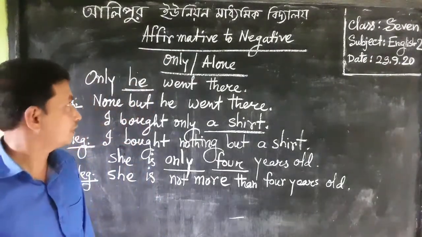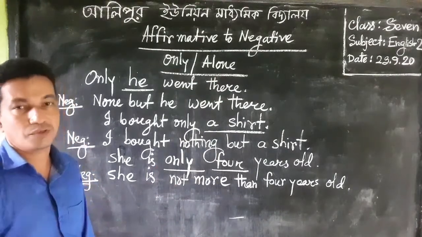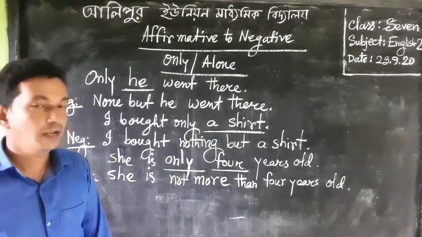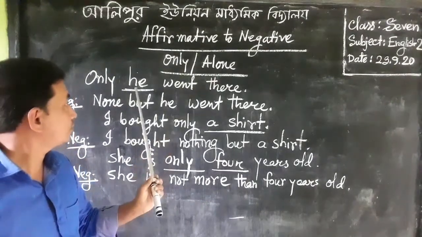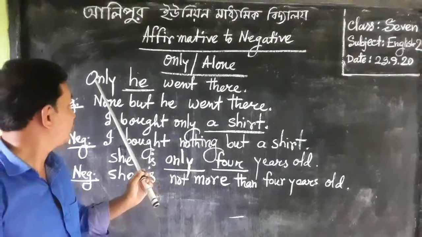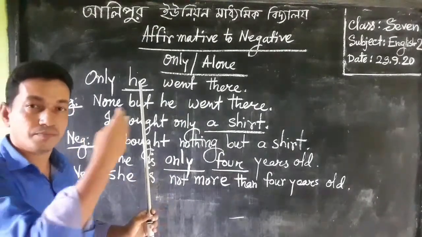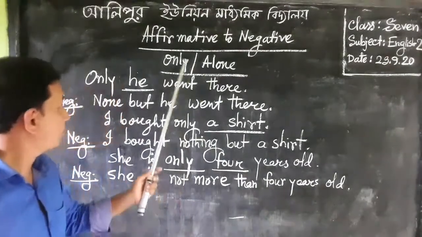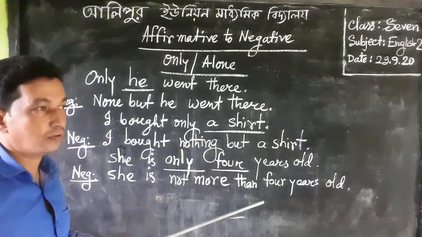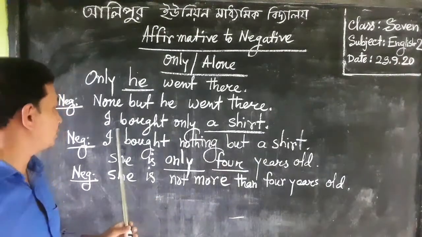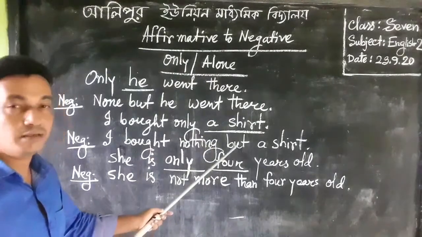In short, only or alone indicates three types: subject, object and figure. When only or alone indicates a person, we can change it into none but before that person. And if it indicates an object, not a person, then we can change only or alone into nothing but.